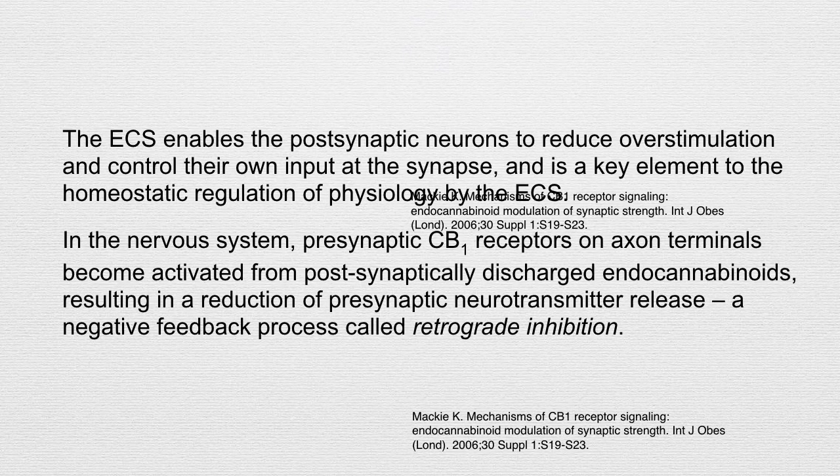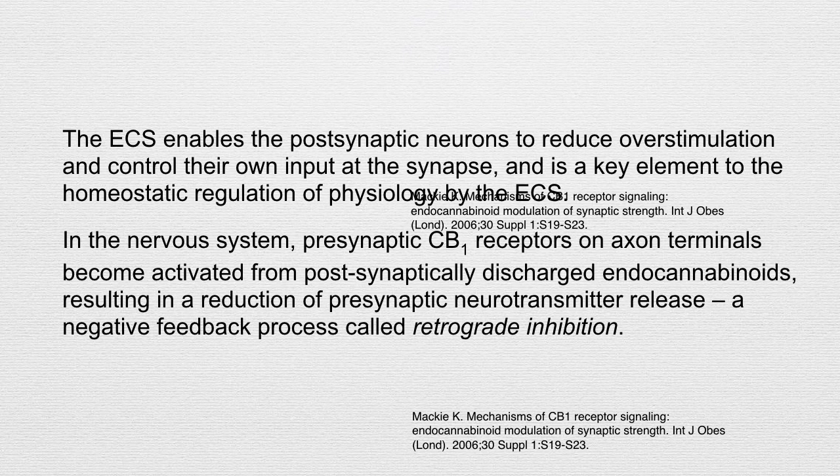Also, as I mentioned, the endocannabinoid system allows the nerves to reduce their overstimulation and control their own input. It would be kind of like being in a reality TV show where everybody is screaming at you and all of a sudden you can wave a magic wand that helps everybody calm down and be quiet. Normally, the folks are screaming at you and not listening.